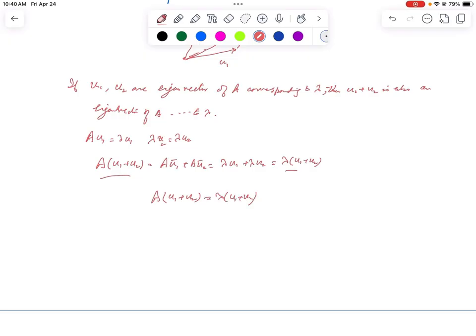Now this is kind of a neat proof, and you can expect this in the exam. So this shows that u1 plus u2 is an eigenvector of A corresponding to lambda. So this is a neat proof.